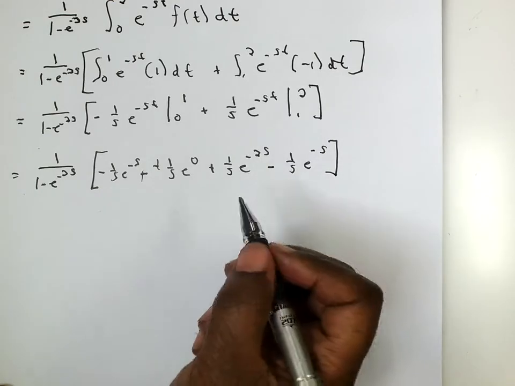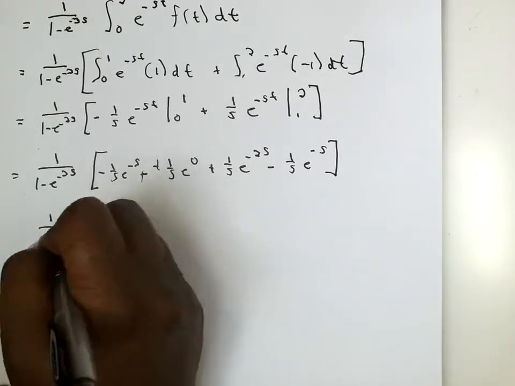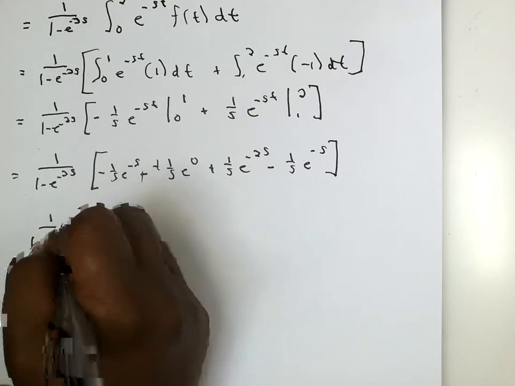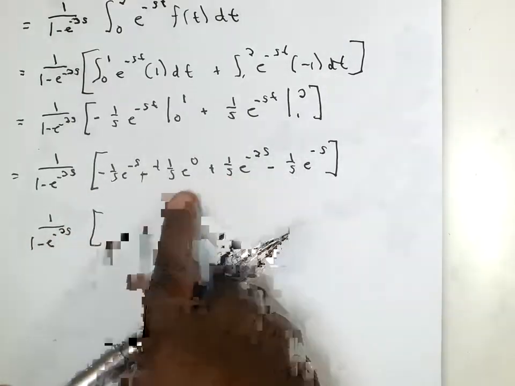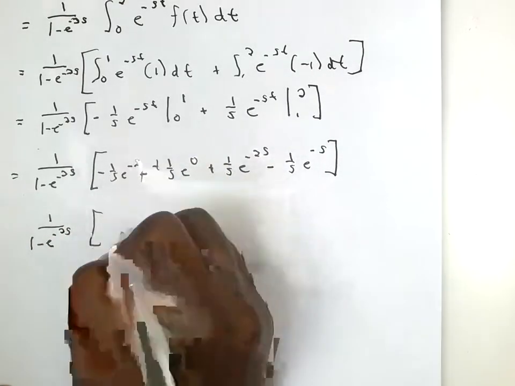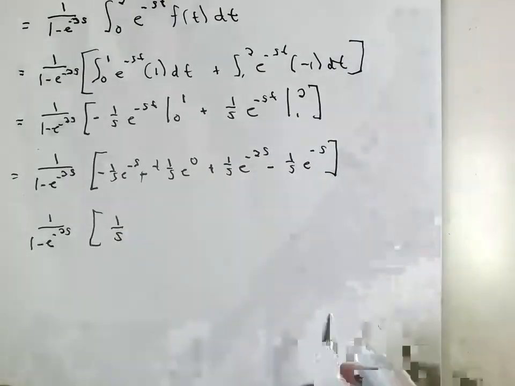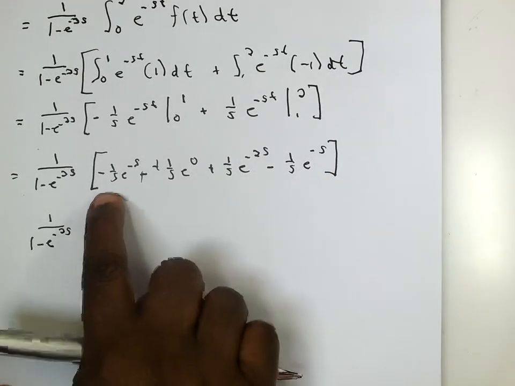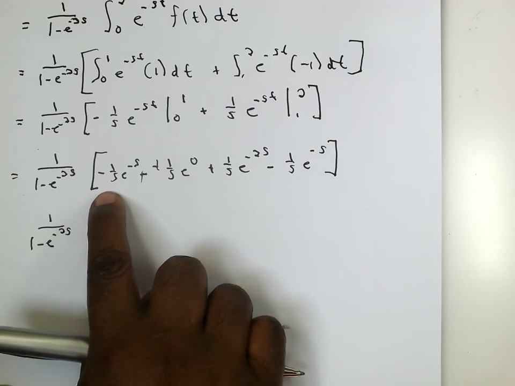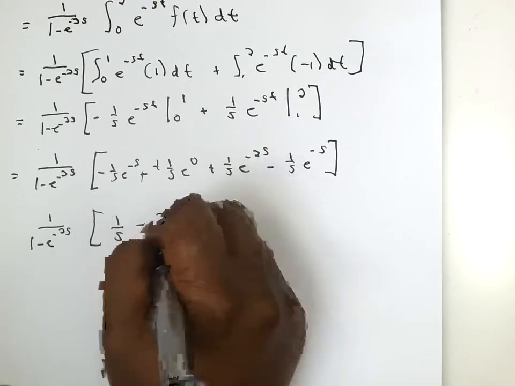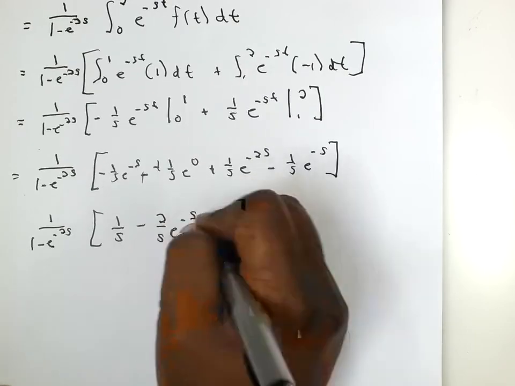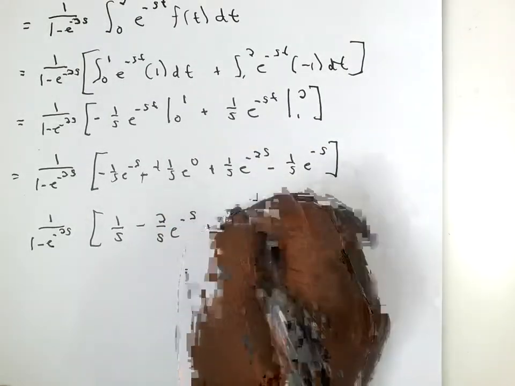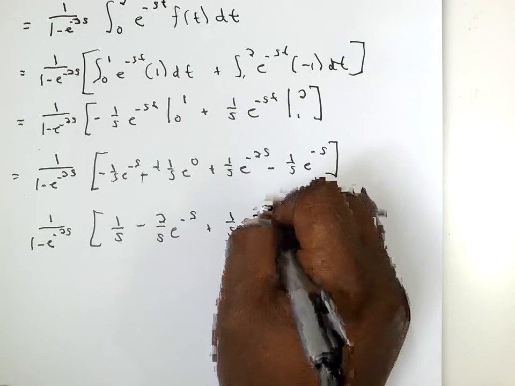And I can start combining things. There's not a whole lot to combine, but I'm going to start here. This 1 over s times e to the 0 is just 1 over s. And then this negative 1 over s e to the negative s, and this one combines to negative 2 over s e to the negative s. And then lastly, I have that 1 over s e to the negative 2s.